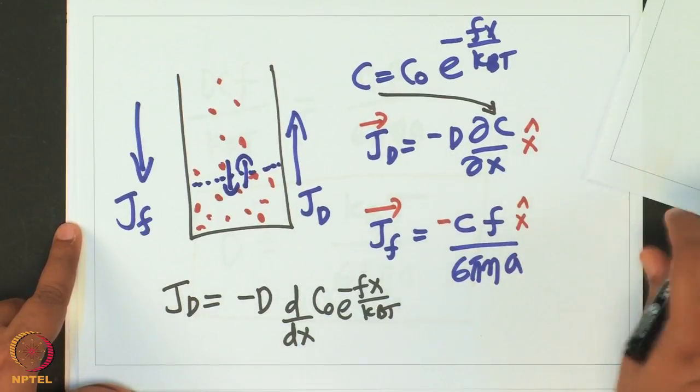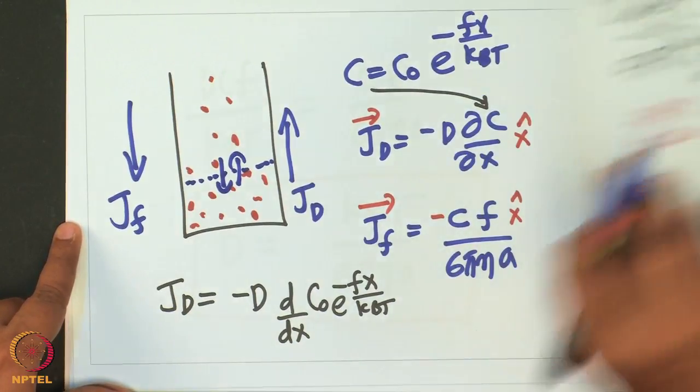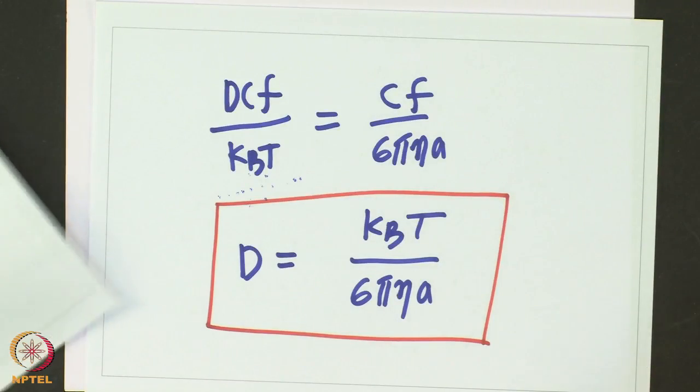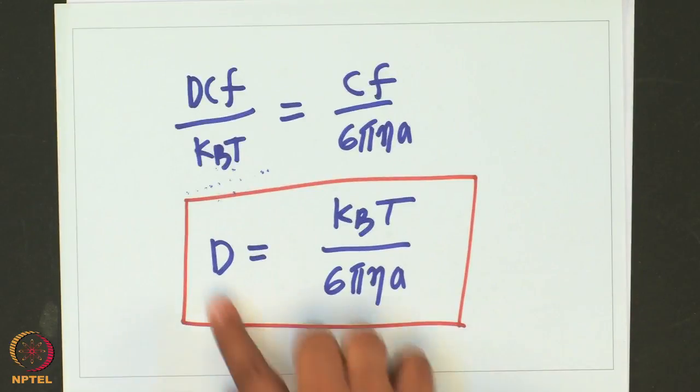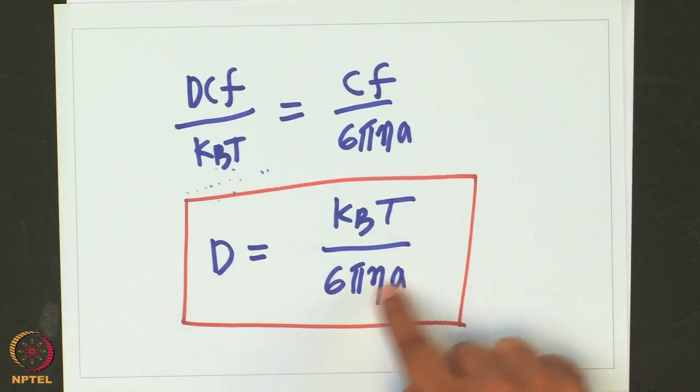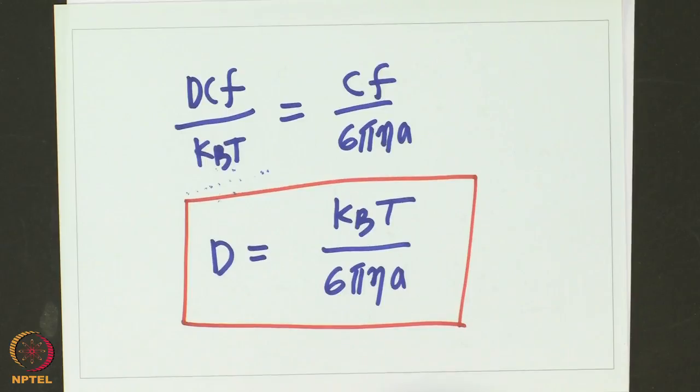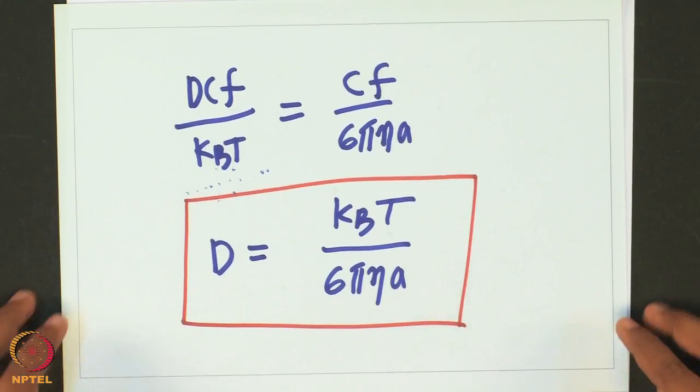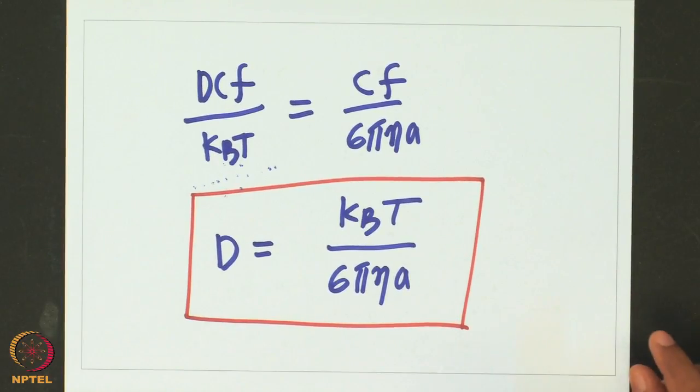At equilibrium you would get a relation, the famous Einstein relation, which says that D is equal to kBT over 6 pi eta a. So this is the important relation. Now let us understand this.